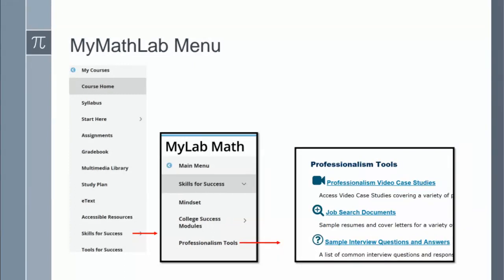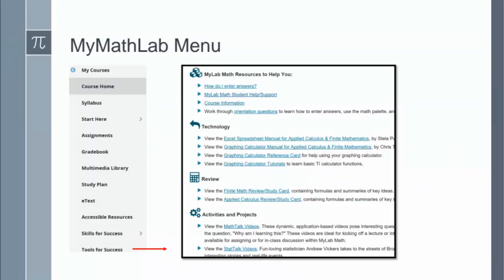And you have some professional tools, things to look at for when you're job searching, or say you're looking right now for job opportunities. This is a great site provided to you. Then there are tools for success: more tools to help you with note taking and preparing for your quizzes or exams.